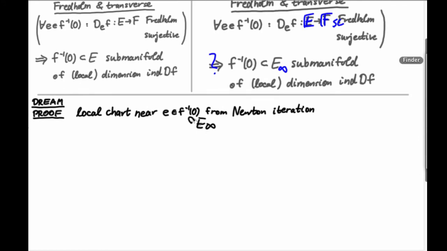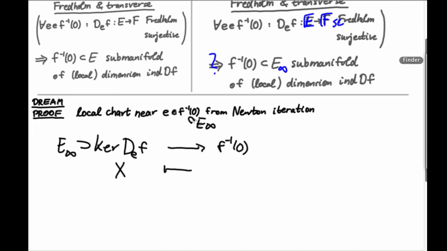And then I should try and do Newton iteration to find the local chart. Right? So I'm in E infinity now with my kernel at E. And if I have a vector here, I should add x to that vector and then some correction term xi that's going to come from the Newton iteration.